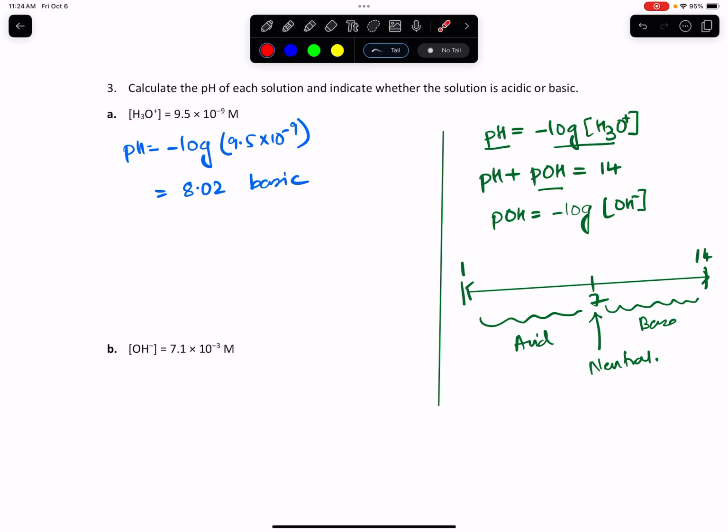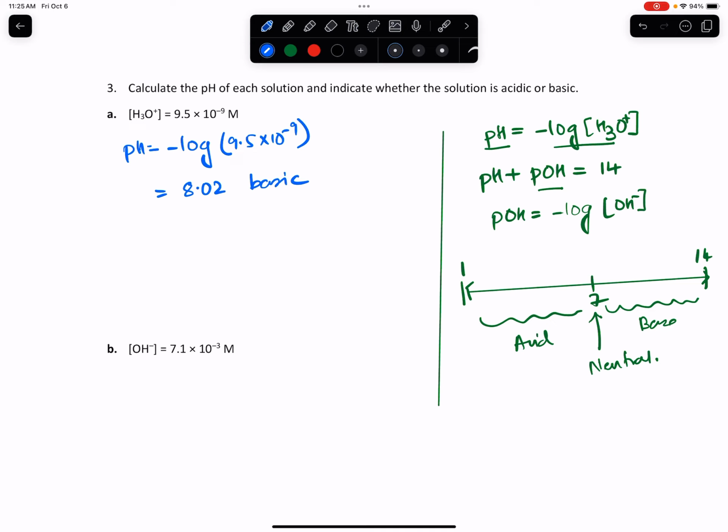This number here actually comes from the exponent, and we know that we don't count exponents. So, quick and easy, just take the log of the number. There are two significant figures, which should correlate to two decimal places. And there you have it.